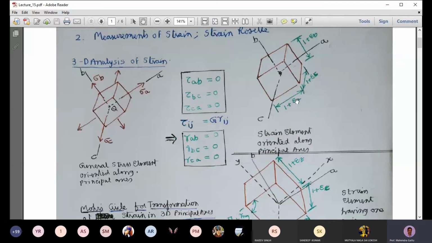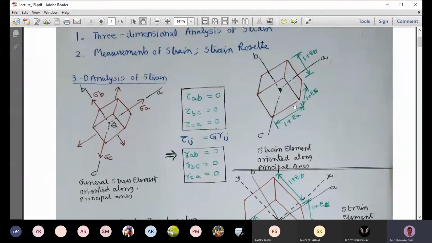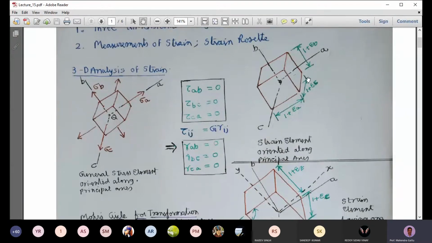The undeformed length is 1, so the increase is epsilon A. So the new length is 1 plus epsilon A, the height is 1 plus epsilon B, and the width is 1 plus epsilon C. A, B, C are the principal axes, and the strains epsilon A, epsilon B, and epsilon C are the principal strains.